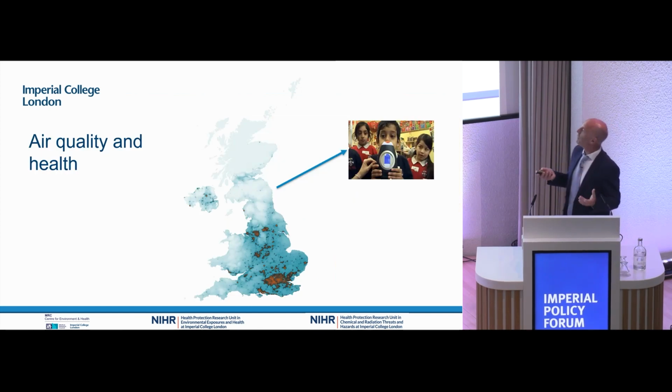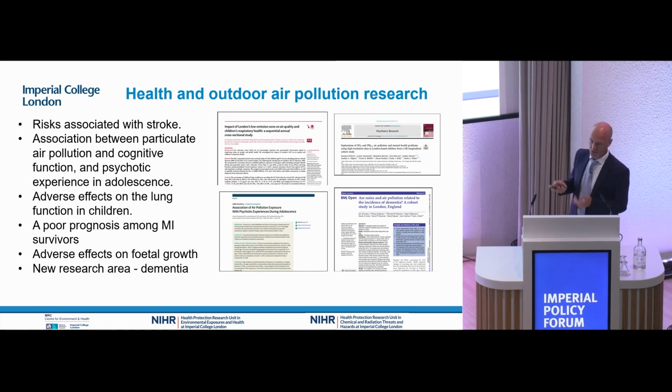So we've built these models. They're increasingly detailed, and this has been a benefit to the epidemiological community, and we've been involved in quite a lot of the research which is trying to associate air pollution concentrations with health endpoints. Here are a few of our papers, and these are some of the highlights, if you like. We worked on stroke.